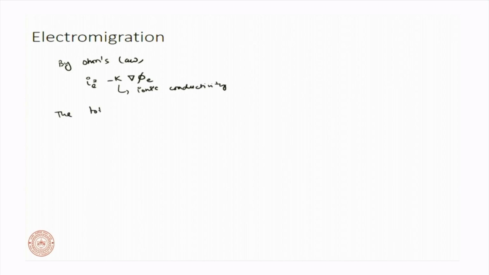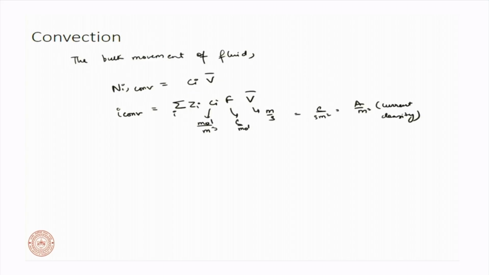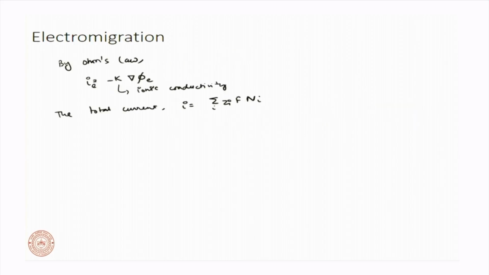Okay. The total current is I equals summation over i of Zi F Ni. That is what we have done in the last slide, where Ni was Ci V. So, we have multiplied Ci V, Zi F into Ni is the total ion being transported, right.